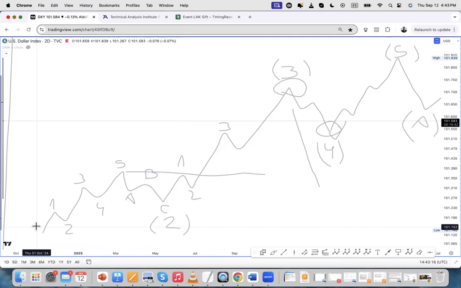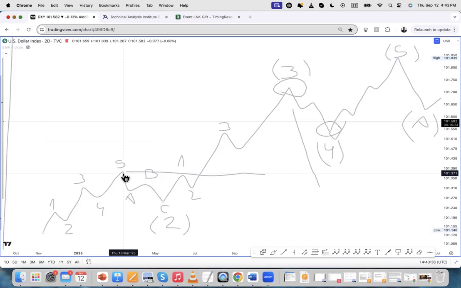But basically, this is the way that we use the Fibonacci retracements. Wave 2s tend to retrace 50 to 62% of the distance traveled by wave 1.